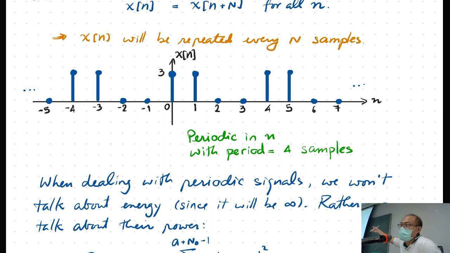It turns out that for this one, it is impossible to do that. You cannot shift left or right so that the result becomes an even signal. If you want to shift it to the left so that it becomes even, then you have to shift it 0.5 samples.